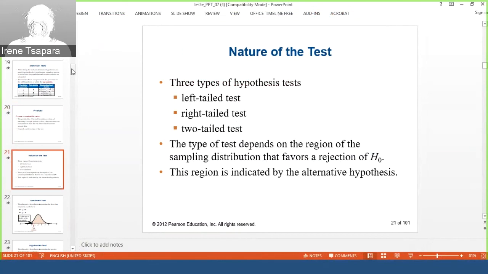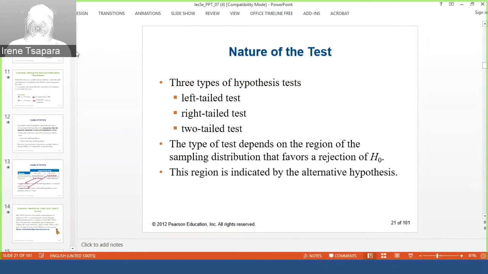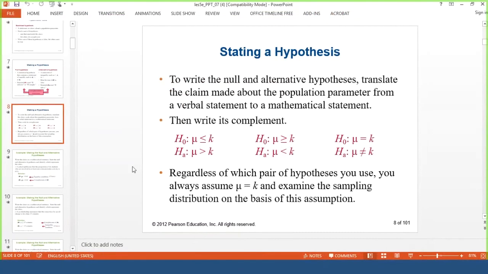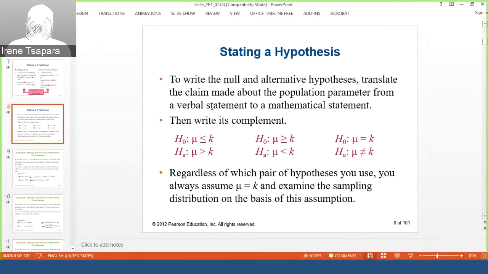So if you go back to here, after you set up your claim, and using the claim you set up your pairs of hypotheses, if you end up having the first pair of hypotheses, then this means that you have a right-tail test.